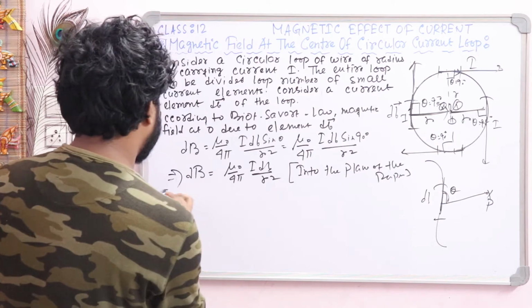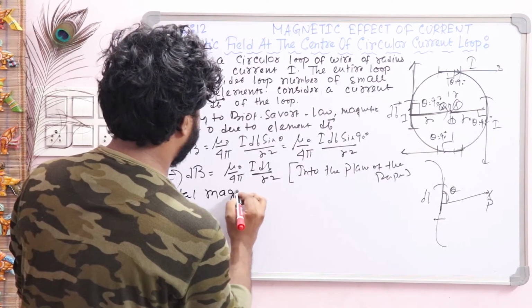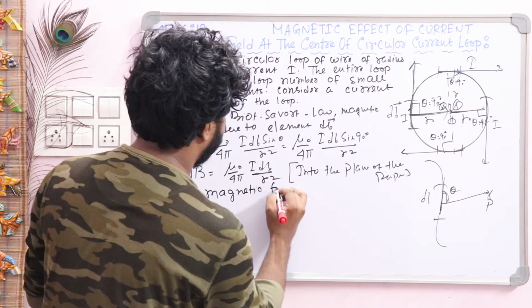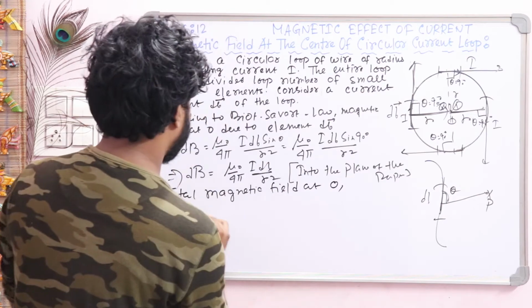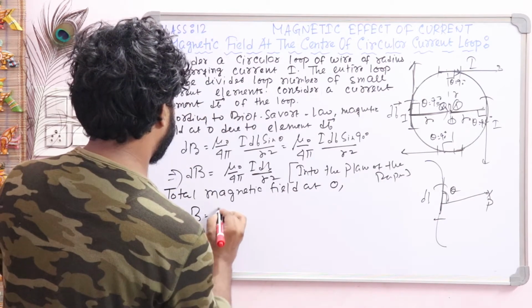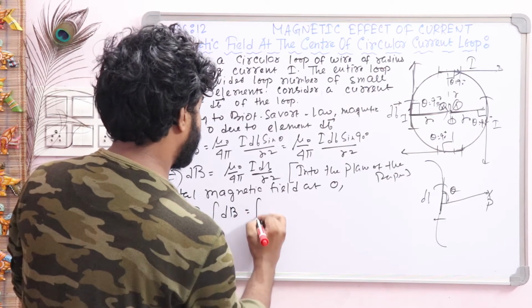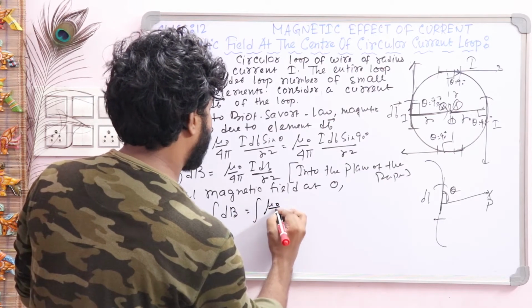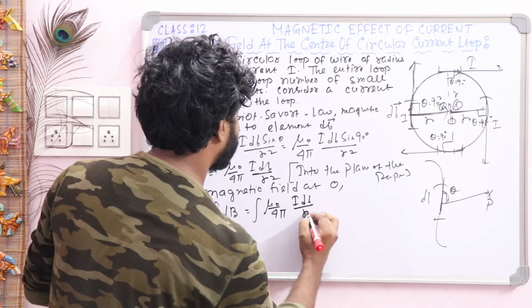Now total magnetic field at O, that is B, we will find out by integrating dB. Now integrate mu naught by 4 pi, I del L by R square.